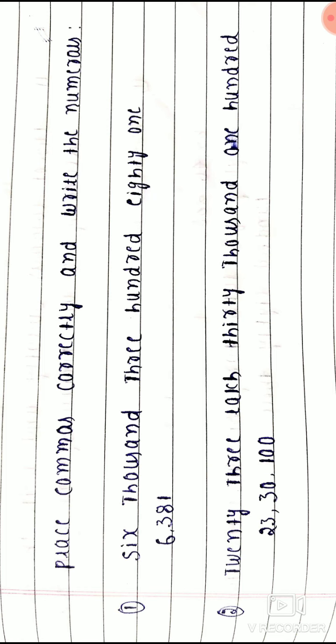Here 381 belongs to one group. Therefore, after 3 digits you have to put a comma. Then the remaining number is 6000, therefore write 6 as it is. Therefore 6,381. It is in the numeral form. In this way you have to write the given words in the form of numerals.